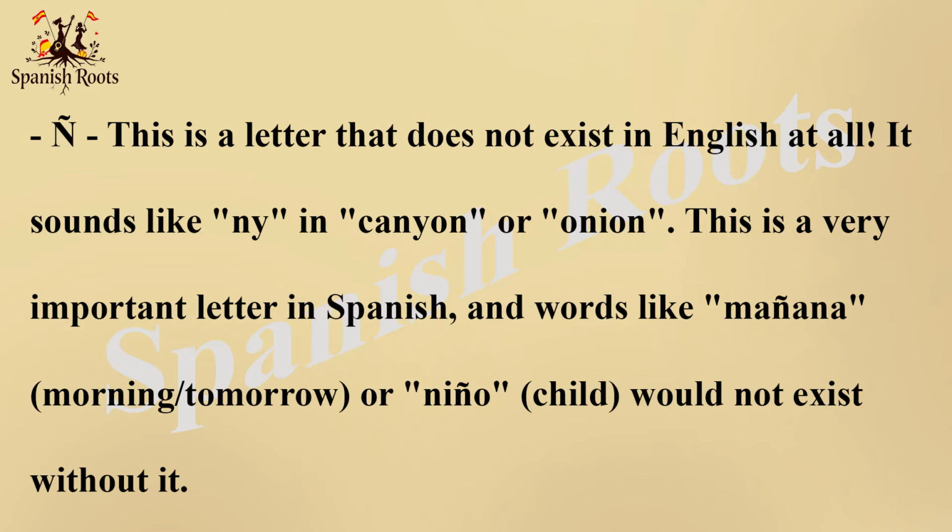Ñ. This is a letter that does not exist in English at all. It sounds like the NY in canyon or onion. This is a very important letter in Spanish, and words like mañana, morning or tomorrow, or niño, child, would not exist without it.